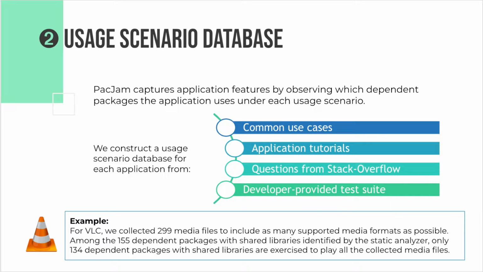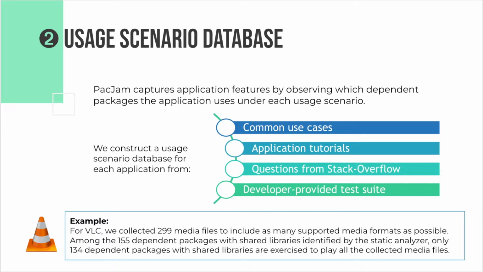The second component is the usage scenario database. PacJam captures application features by observing which dependent packages the application uses under each usage scenario. We construct a usage scenario database for each application from various available sources. For VLC, we collected around 300 media files to include as many supported media formats as we could.